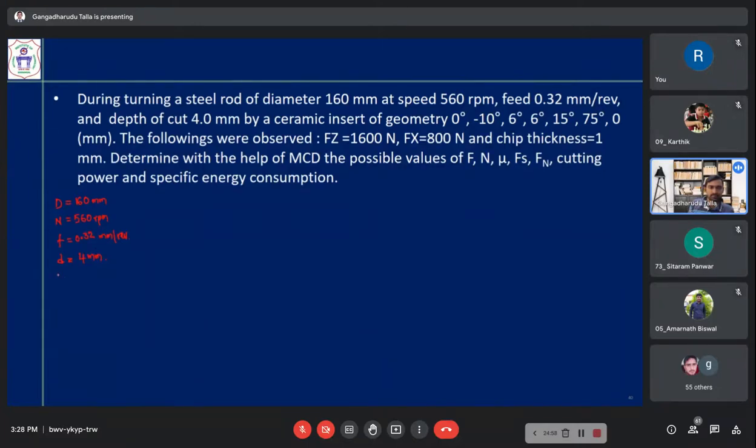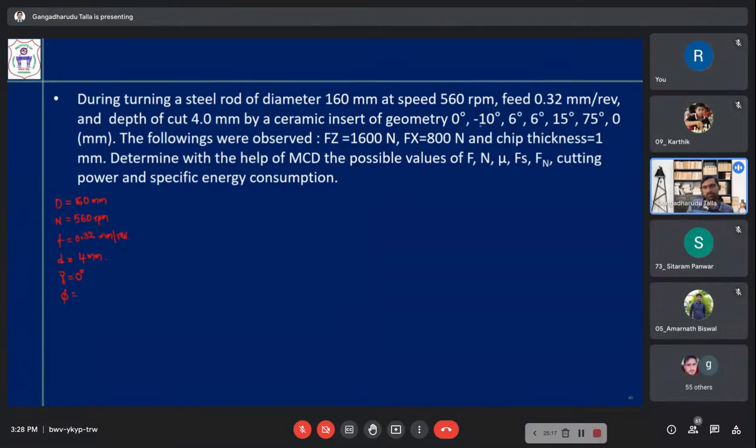Can you say something about any angle? In fact, there are 6 angles. What is gamma? 0 degree. Okay. What is phi?